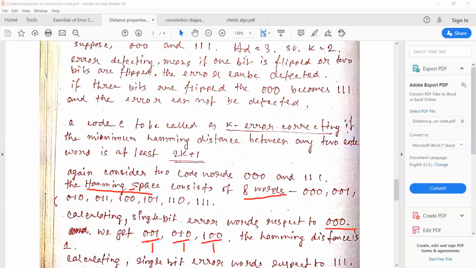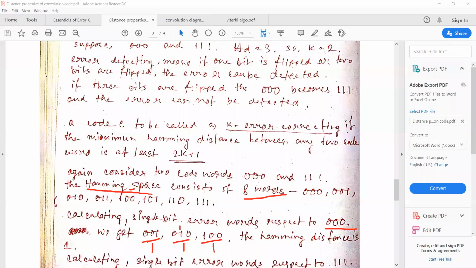From the second code sequence 0, 1, 0, if the 1 at the second position is flipped to 0, we will get 0, 0, 0. So these are basically the 1 bit error words. Okay. So the Hamming distance is 1.